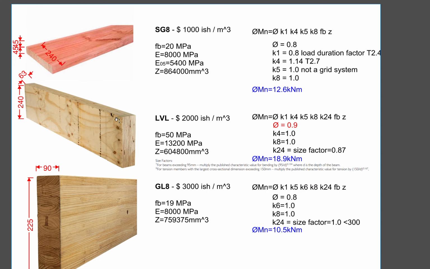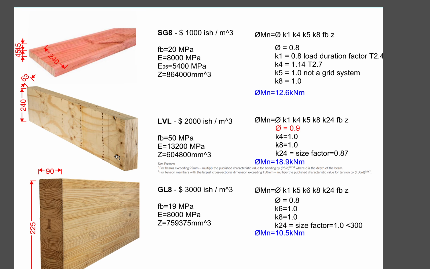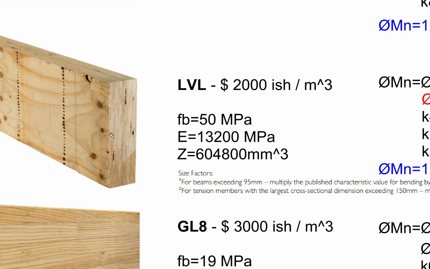For the LVL, the manufacturing process is slightly different, because sawn timber is just cut out from the timber block, and for LVL, you can see it's multiple layers of veneers. Those thin pieces of veneer are peeled from the log.